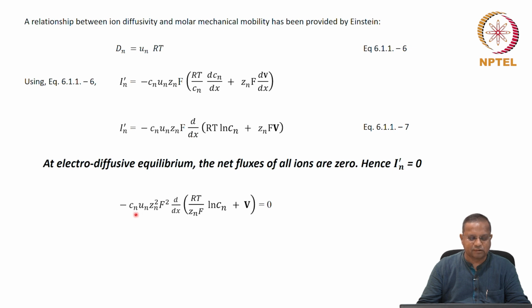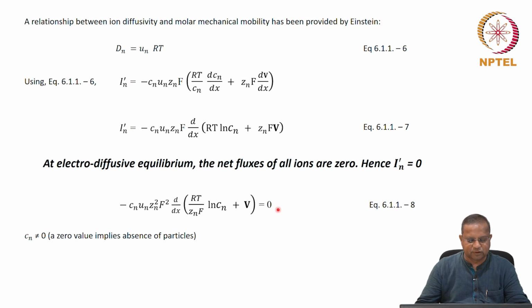And so minus Cn un Zn squared f squared d/dx of RT by Zn f ln Cn plus V equals 0. So this is the condition for electrodiffusive equilibrium. Let us number this as 6.1.1-8.